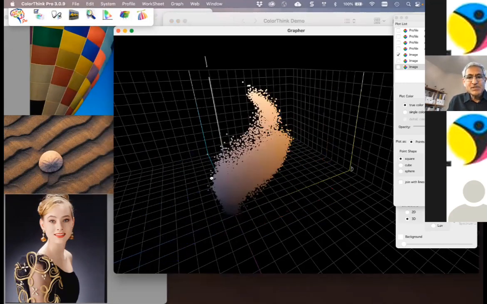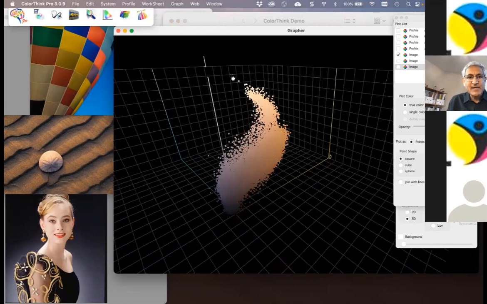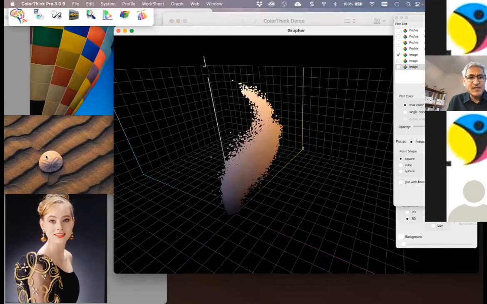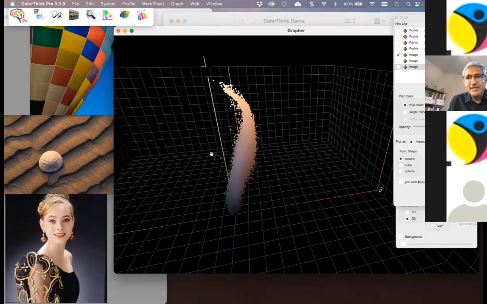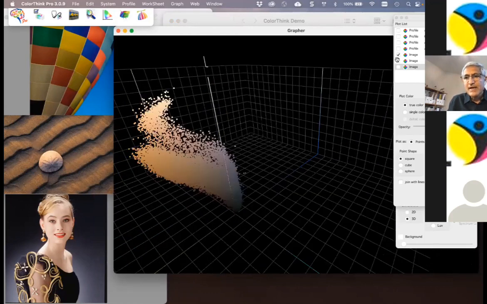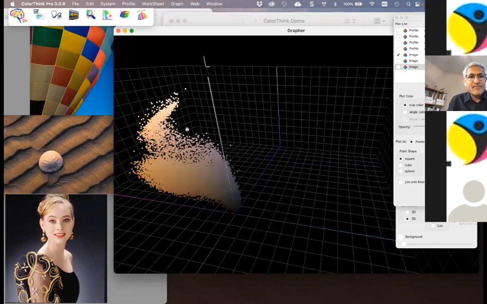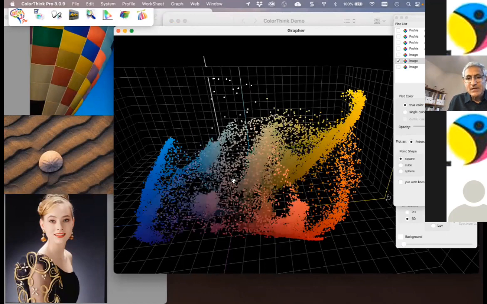The sand image has some very high L star. There's a bit of reflection on this shell, but basically it's not very colorful in terms of LAB. If we look at the balloon image, it is very colorful and has lots of colors.